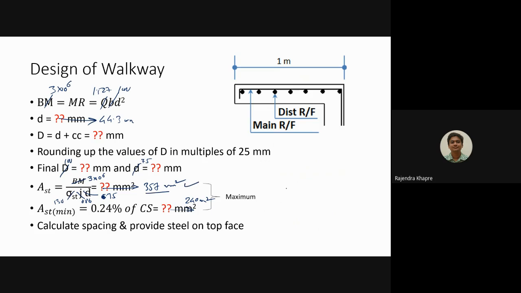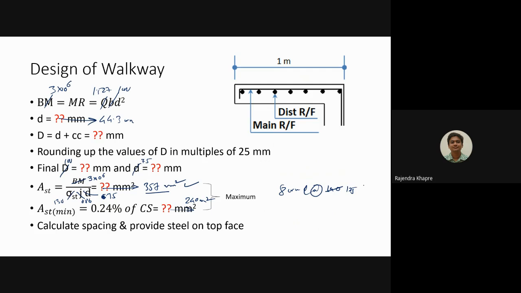How much will be the spacing of 8 mm dia bars? 140. So in place of that we can provide 125.